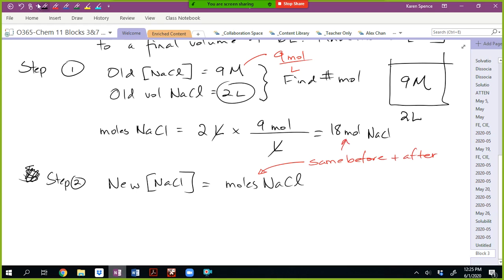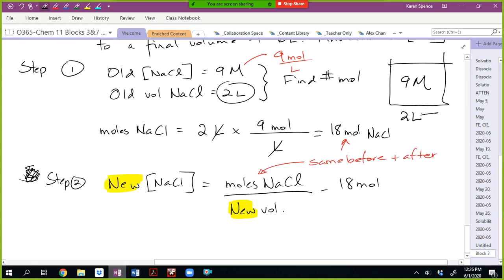So we got our 18 moles there. And concentration is, of course, moles divided by liters. And because we want our new concentration, we're going to use our new volume. That, I believe, is our 6 liters. Let's see, 18 moles, sorry.